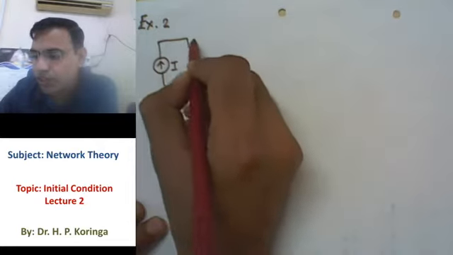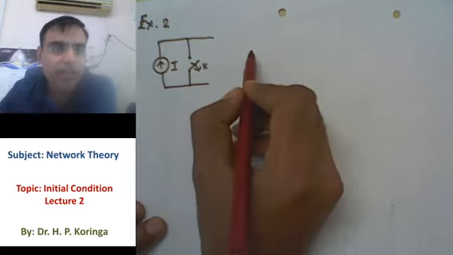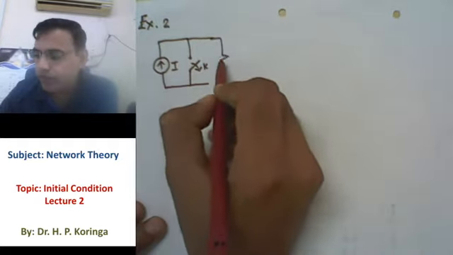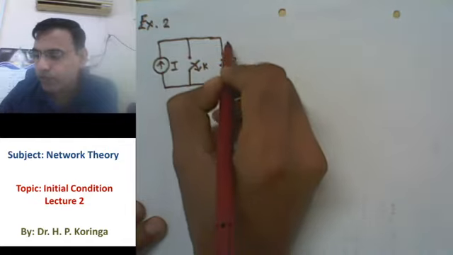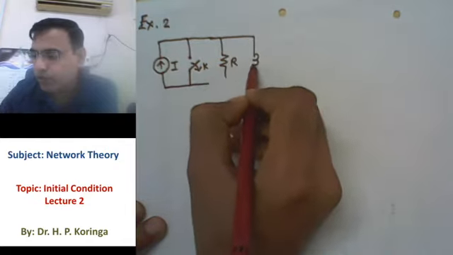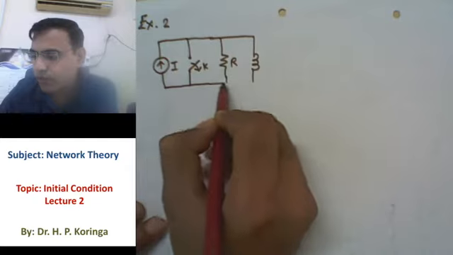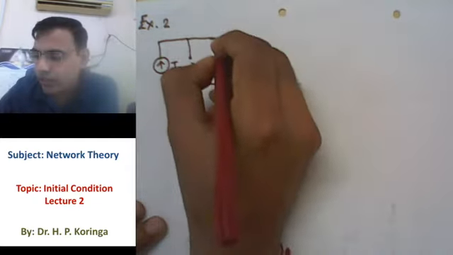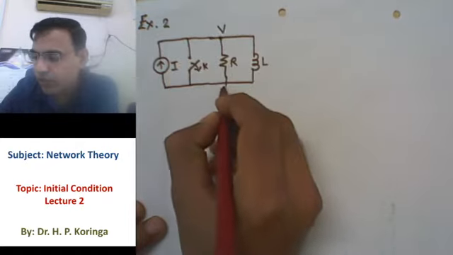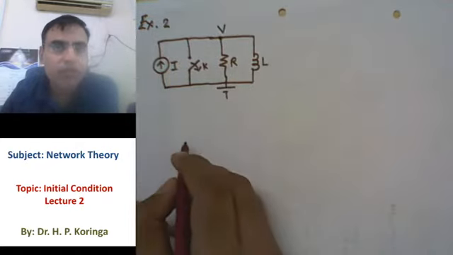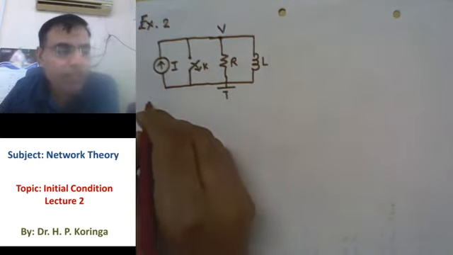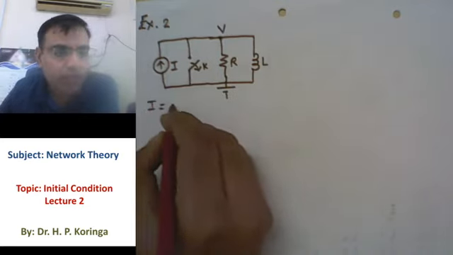Switch K is initially closed, and at t is equal to 0 it is going to open. R and L circuit, here its voltage V is with respect to this node. Right. The question is, the I is given, it is equal to 10 ampere.